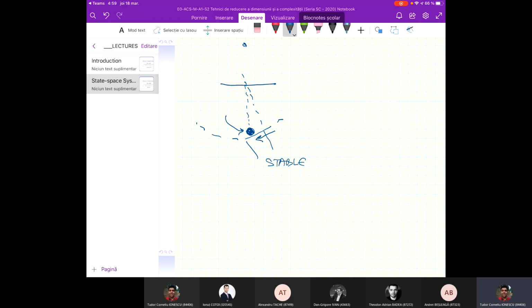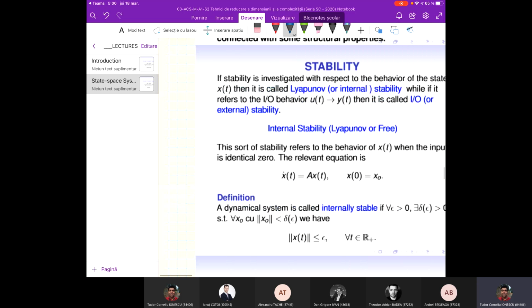Whereas in this position, any perturbation is sending the pendulum out of this position. It's never coming back. So this is unstable. So we need to formalize that.